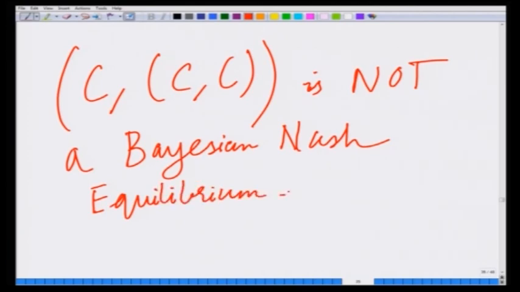That is, the outcome where the boy is choosing C, the girl of type I is choosing C, and the girl of type U is also choosing C, is not a Bayesian Nash equilibrium.